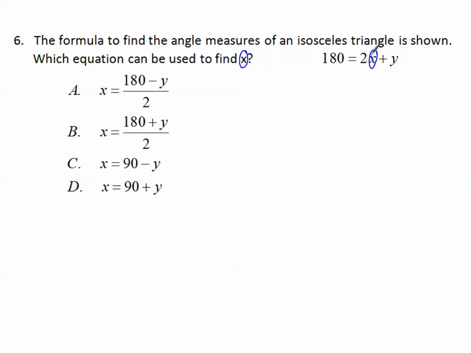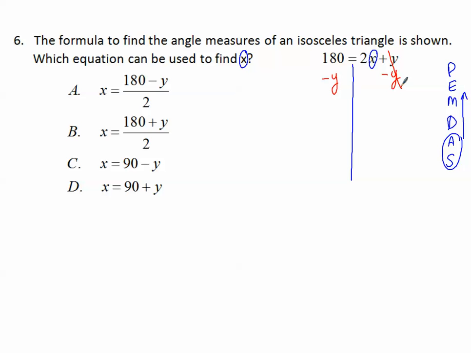If I want the x by itself, I'll draw my line at the equals and I'll remind myself of PEMDAS. Start with add and subtract and move up. Near the x, I'm multiplying by 2, but I'm adding y. So I'm going to start with the adding and do the opposite, which is subtract. Minus y, minus y.